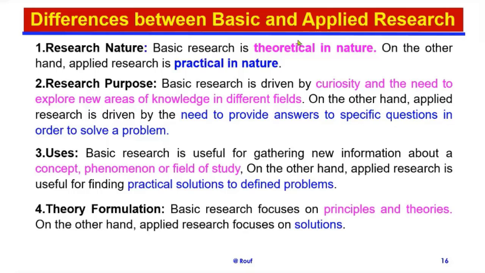And last, theory formulation. Basic research focuses on principles or theories. On the other hand, applied research focuses on solutions. These are the four key differences between basic and applied research.